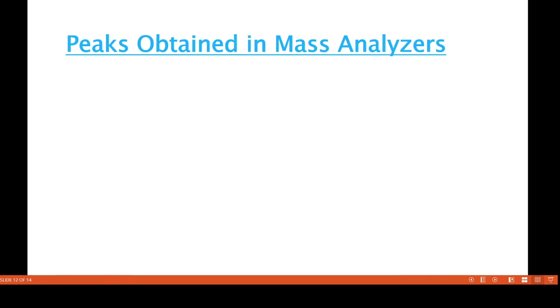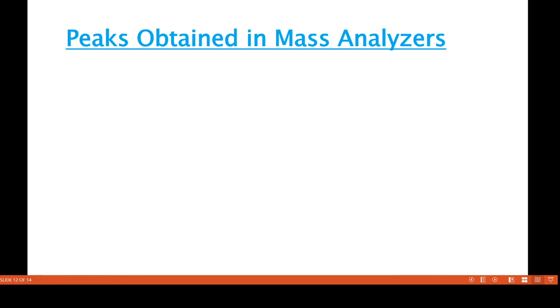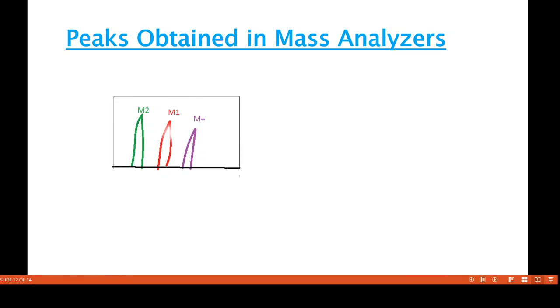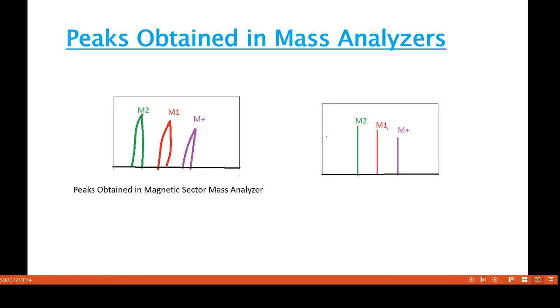Then we see the peaks obtained in the mass analyzer. Peaks obtained in the magnetic sector mass analyzer. We compare the two analyzers: the magnetic sector mass analyzer and the double focusing mass analyzer. In the previous slide we have seen that in the magnetic sector portion, the magnetic field is applied.